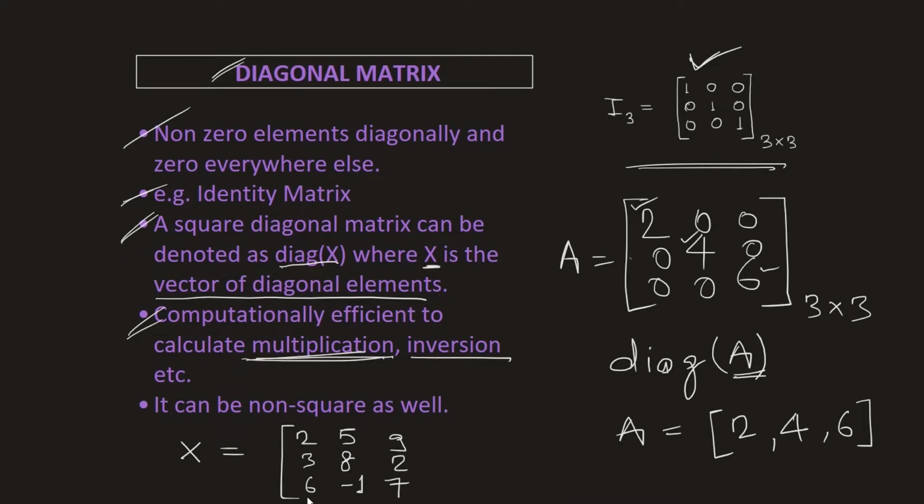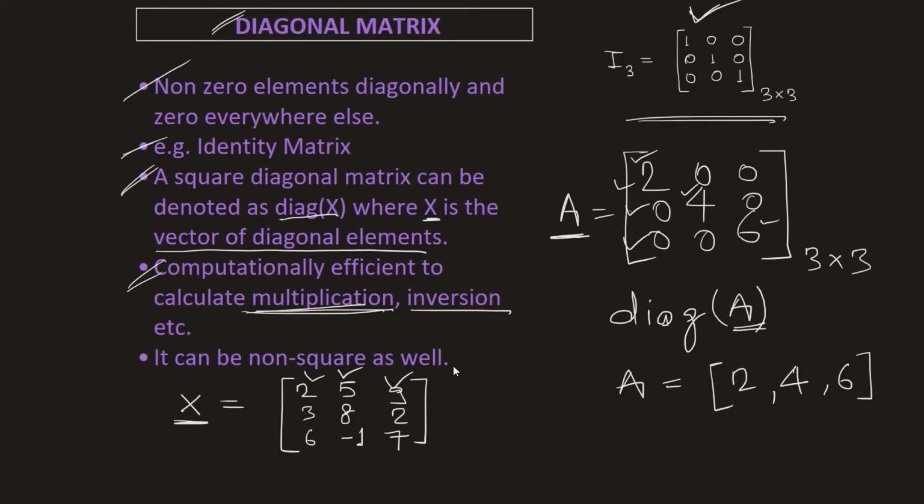And if I try to multiply this matrix X with this another matrix A, which is a diagonal matrix, of course the multiplication is possible because the number of columns in matrix X is 3 and the number of rows in matrix A is also 3.